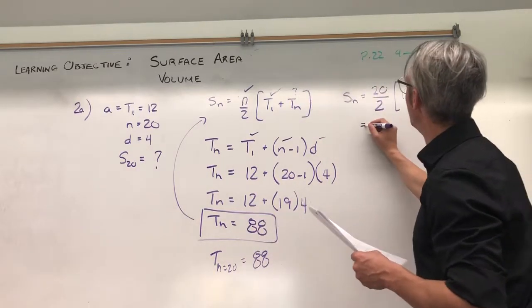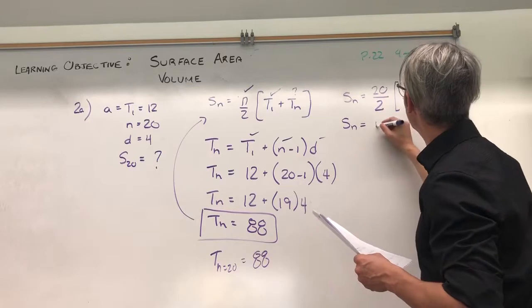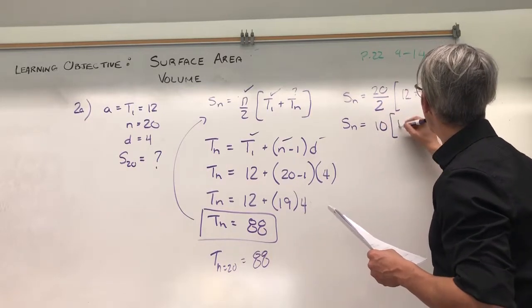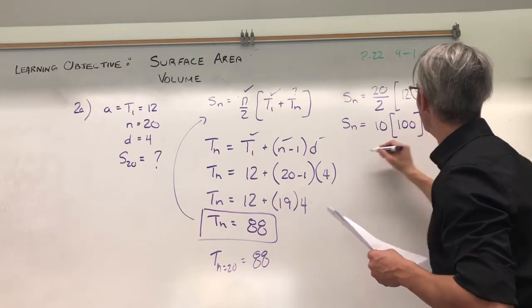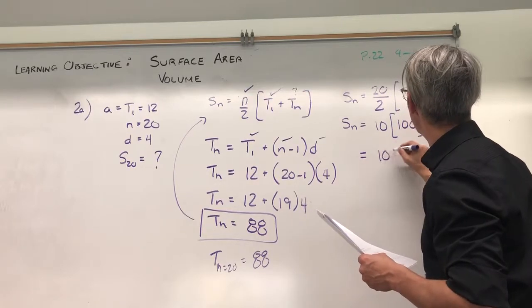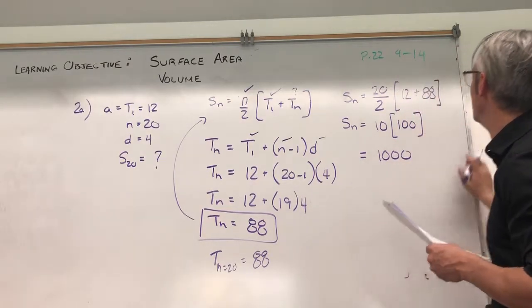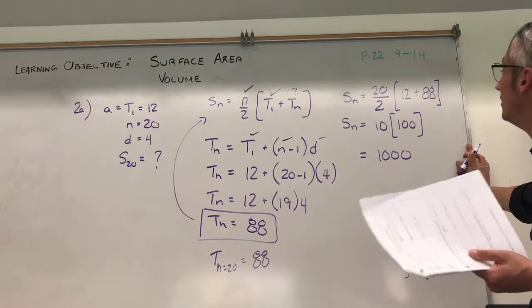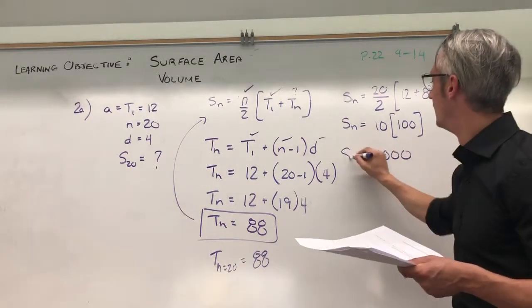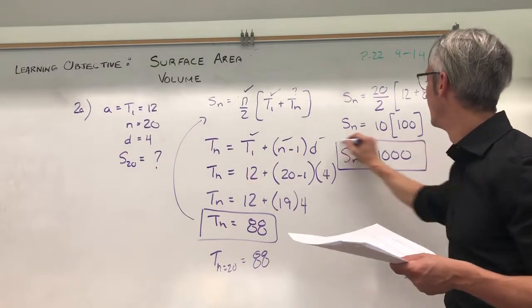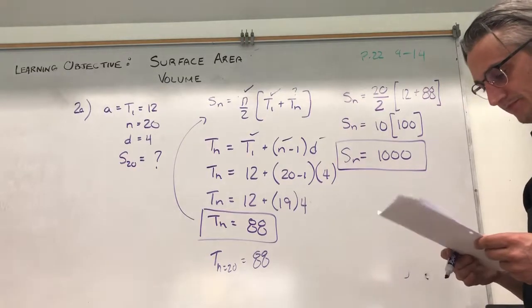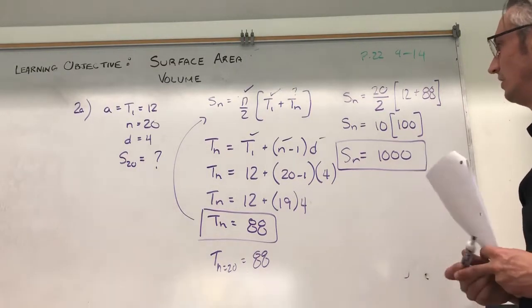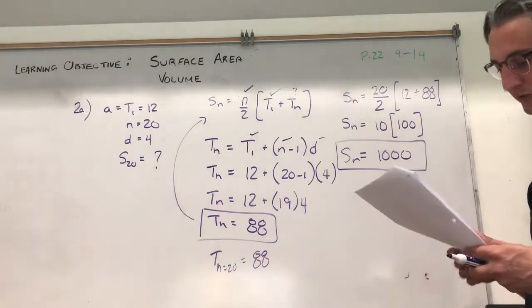So this becomes Sn is equal to 10 times 100, which is 1,000. I hope. I might be making mistakes. Maybe you'll catch them. Okay? Not so bad.